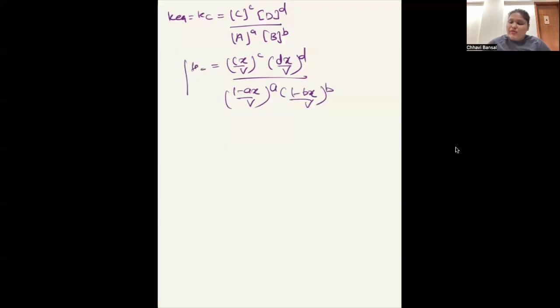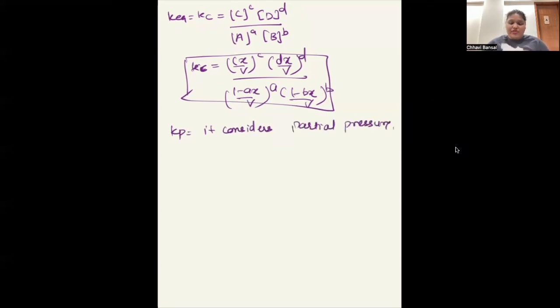So the equilibrium constant here is given by Kc, where we express the components in terms of concentration. Clear? Next is Kp. Kp considers partial pressure.